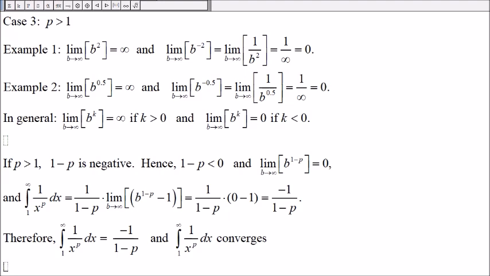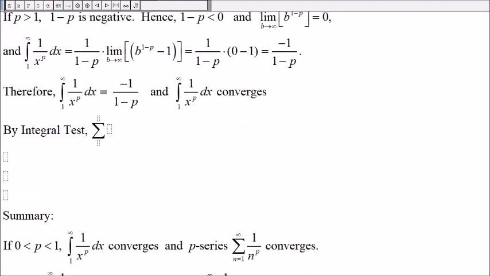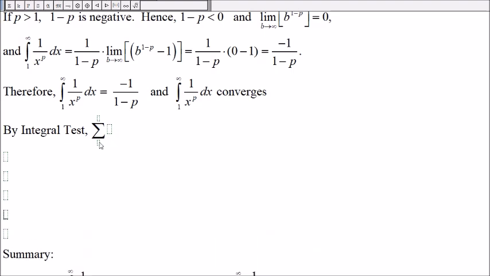Then we know that by the integral test, the p-series also converges.